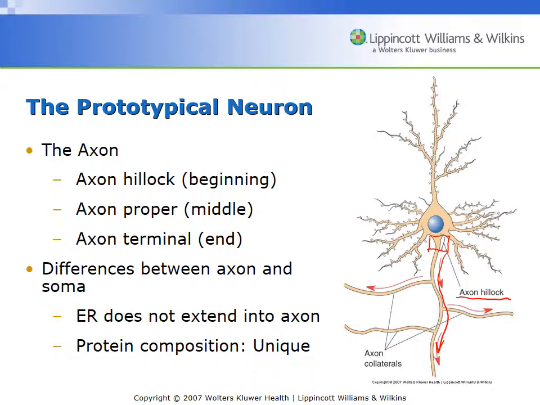The protein composition of the membrane of the axon versus soma are fundamentally different. And these distinctions, of course, correlate with functional distinctions also. No ribosomes, obviously no protein synthesis. The axons can travel from millimeters to several meters, over a meter.